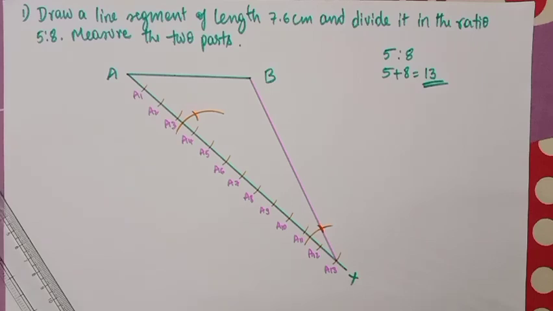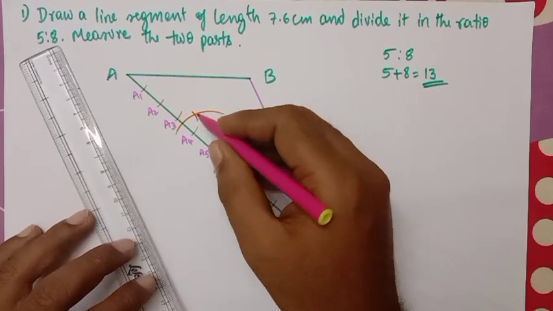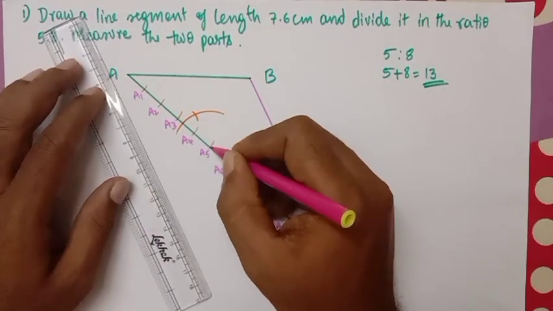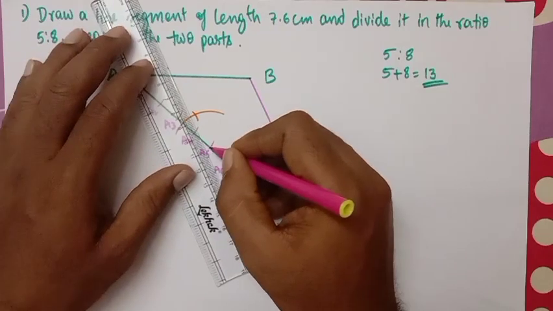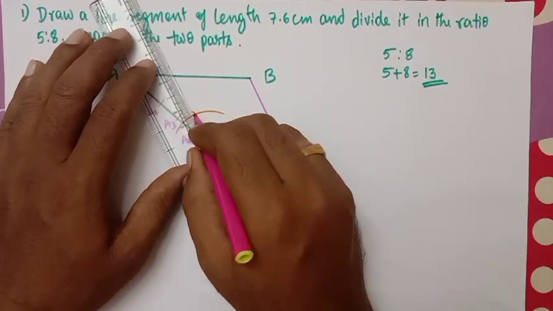Next, we have to join A5 and the point of intersection of the two arcs.